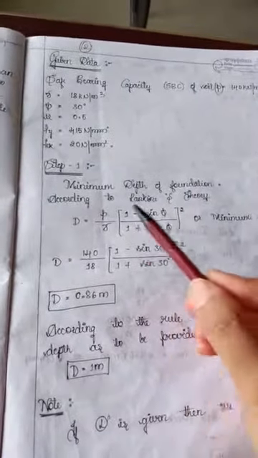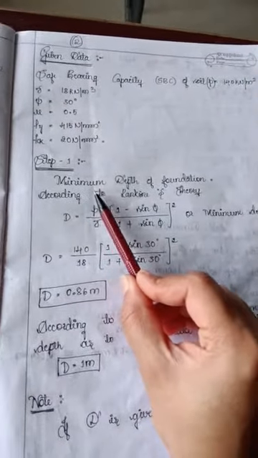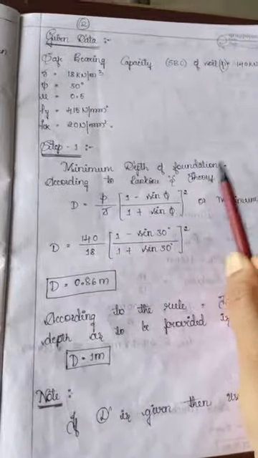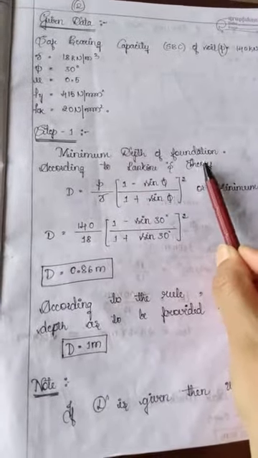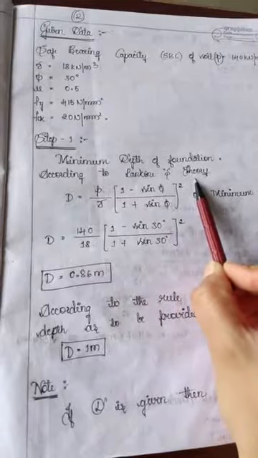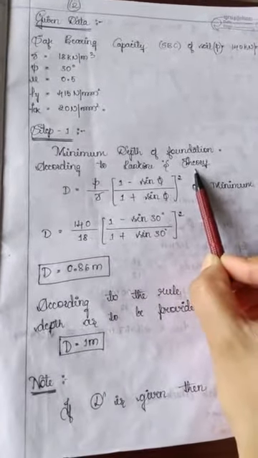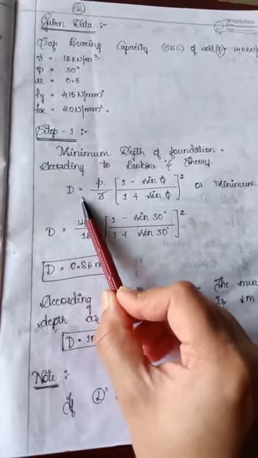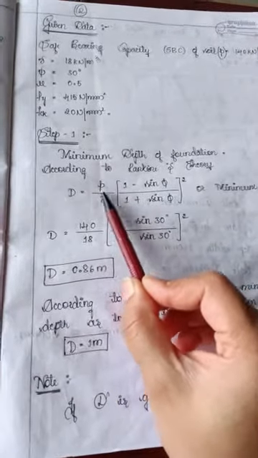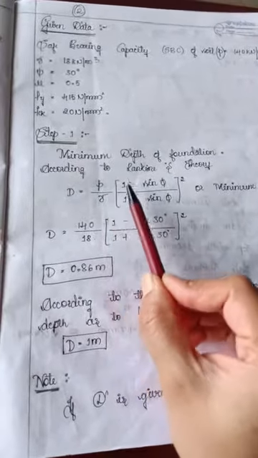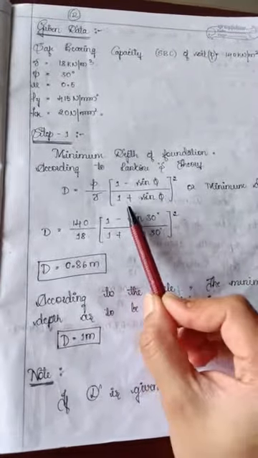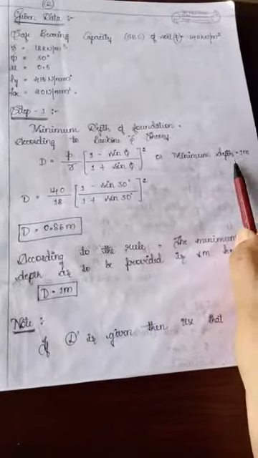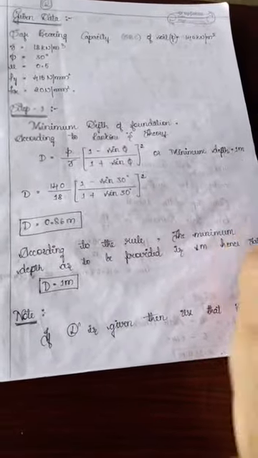In step 1, we find out the minimum depth of foundation. This minimum depth of foundation we find out using Rankine's theory. According to Rankine's theory, for finding the depth value, D is equal to P by gamma, into (1 minus sin phi divided by 1 plus sin phi) whole square, or minimum depth, that is equal to 1 meter.